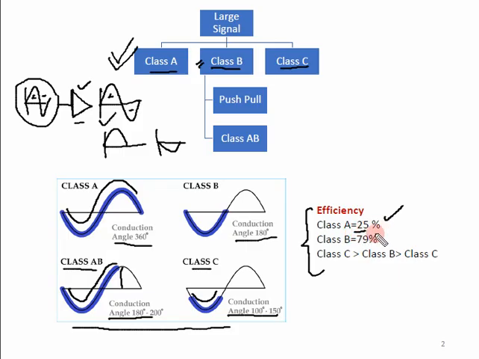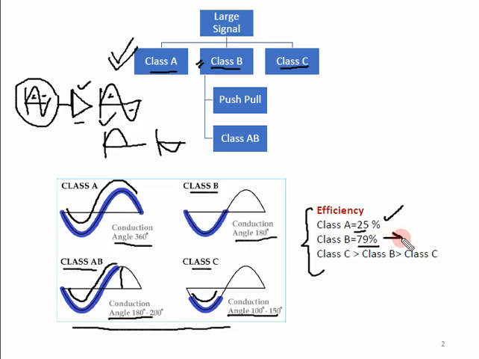It means that the remaining 75% of the power is dissipated as heat inside the amplifier. Likewise, a class B amplifier, which operates for half a cycle, has quite good efficiency. It is increased to 79%, so the rest 21% is dissipated as heat, and 79% is delivered to the load.